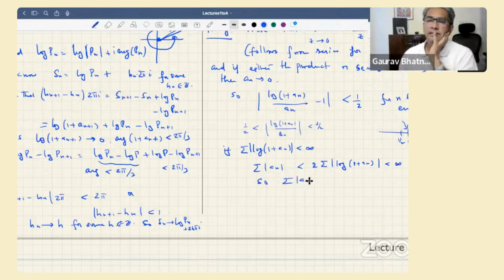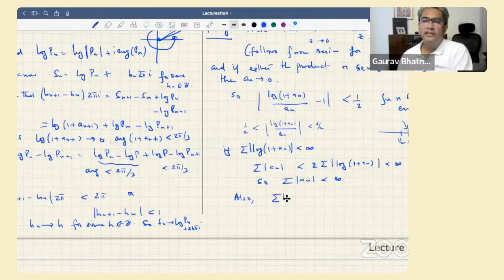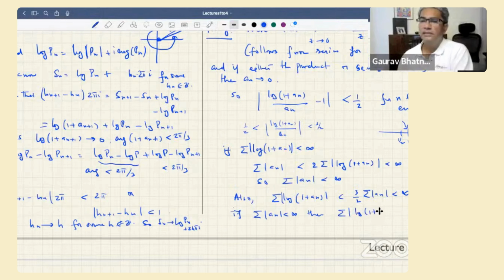So summation an converges, by the comparison test. And also, if you take summation log of 1 plus an in absolute value, this is less than 3/2 summation an. This converges. So if summation an converges, then summation log of 1 plus an converges.